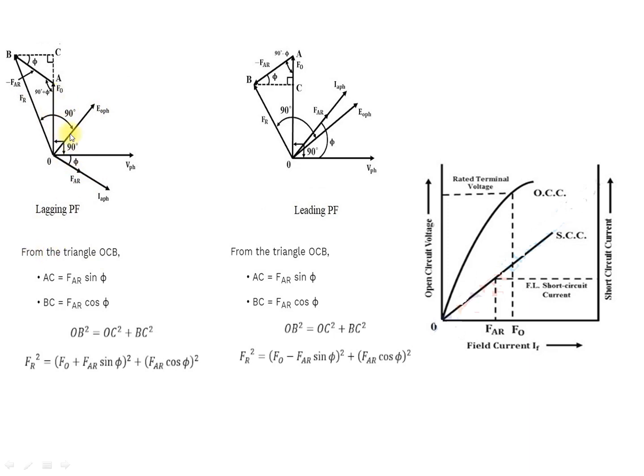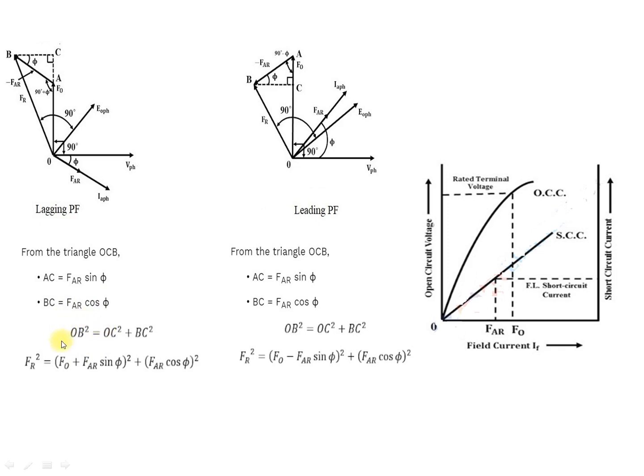So from this particular diagram, from the triangle OCB, we can find out the value of AC as FAR sin phi, because FAR is going to be this line and sin phi gives this particular line, and that is going to be AC. The BC value can be found out from FAR cos phi.